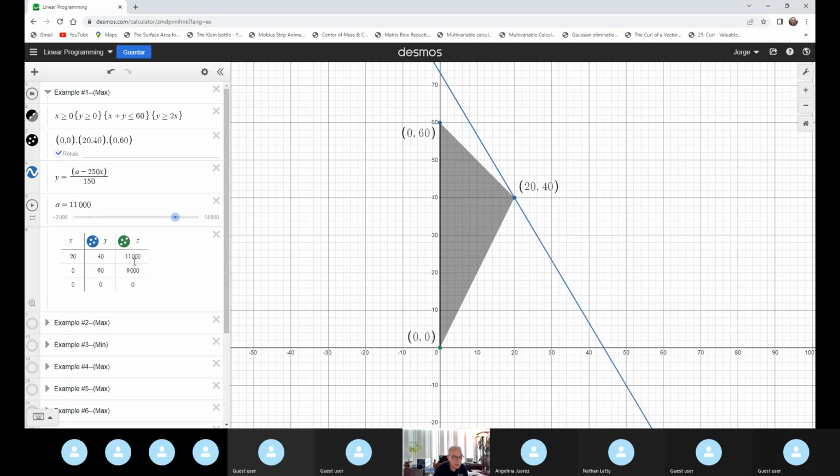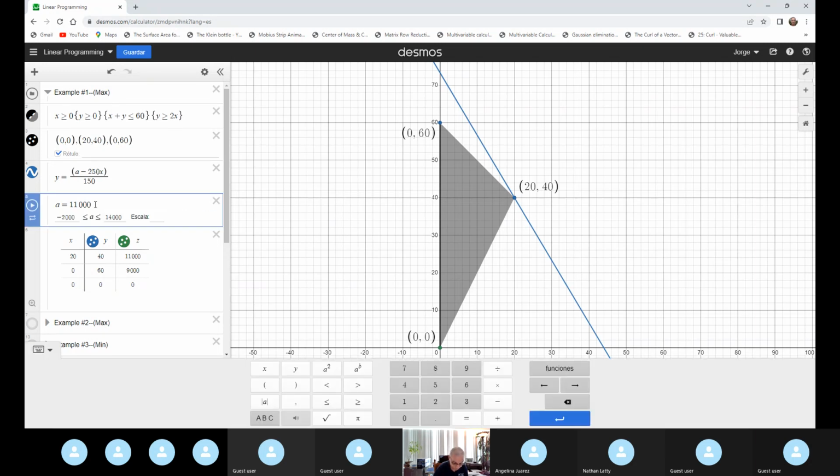For example, 9,000. Let me try. Boom, it passes through the point 0,60. The value of the objective function, in this case I call it A, but in the paper I call it Z, capital Z, is 9,000.